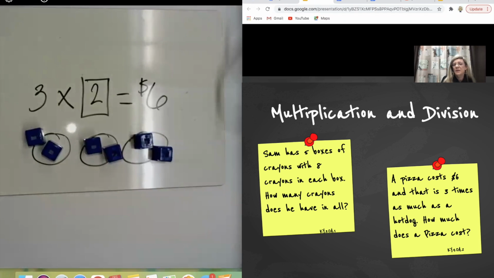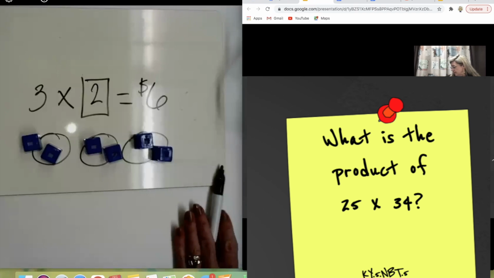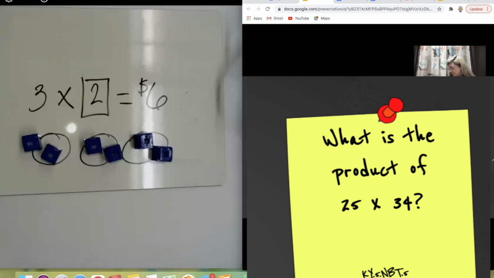Think about the scenario. 25 times 34. So that's KY 5 point NBT 0.5. So KY 5, it has a limit on it. It's products, but it has a limit on it. It's products within 1,000.